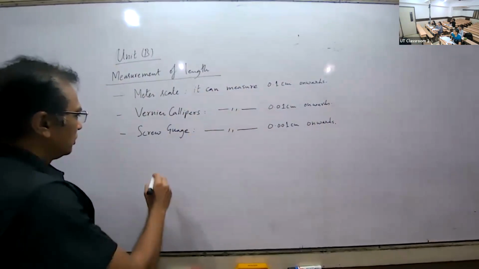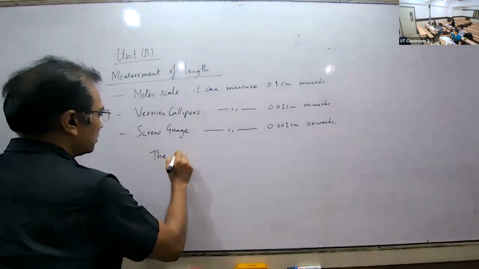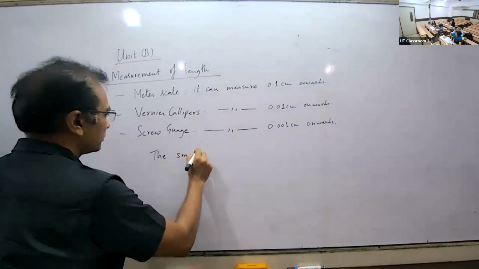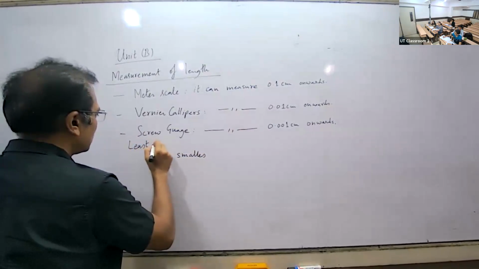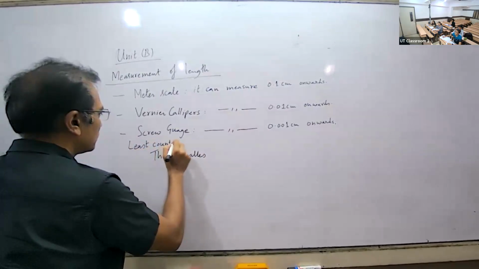So there is something called least count, or LC.